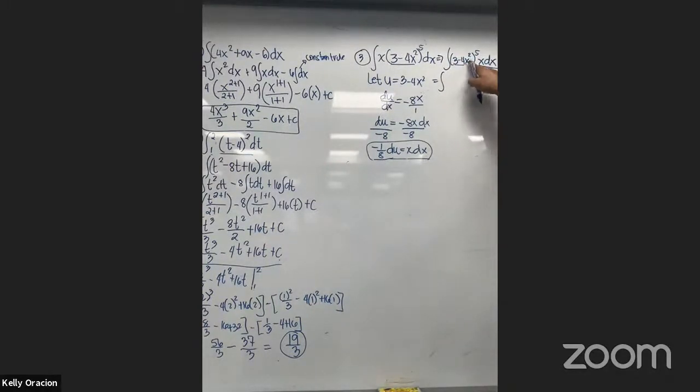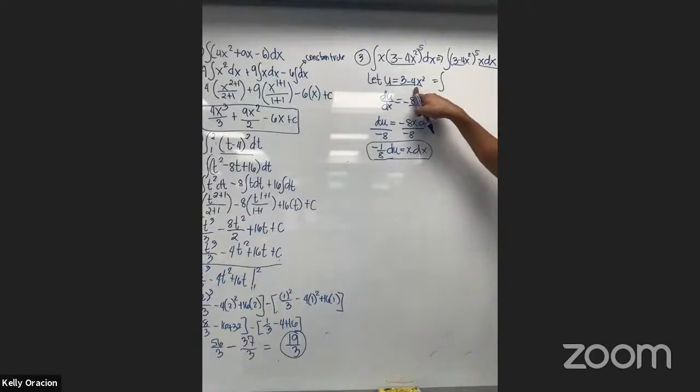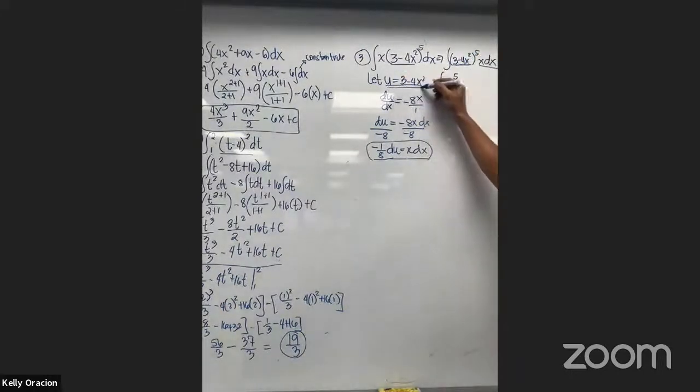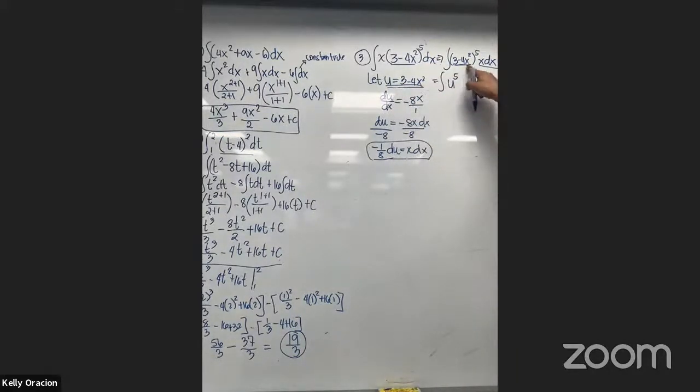What is the variable here? Let u equal 3 minus 4x squared. So substituting u here, it becomes u raised to 5. Again, where does u come from? Take note, 3 minus 4x squared is equal to u. So substitute u raised to 5. Then our x dx is negative 1/8 du.